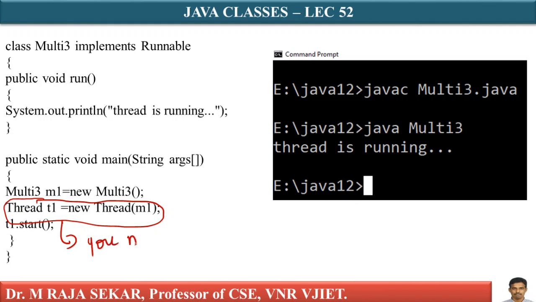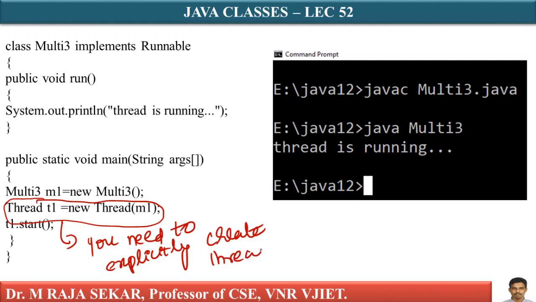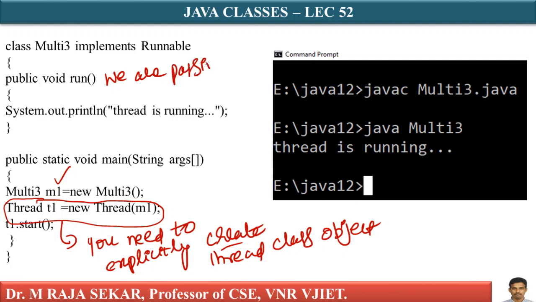That's what I am doing. Even in the context of the runnable interface, we are passing the object. What is my m1? m1 is the object of your class.